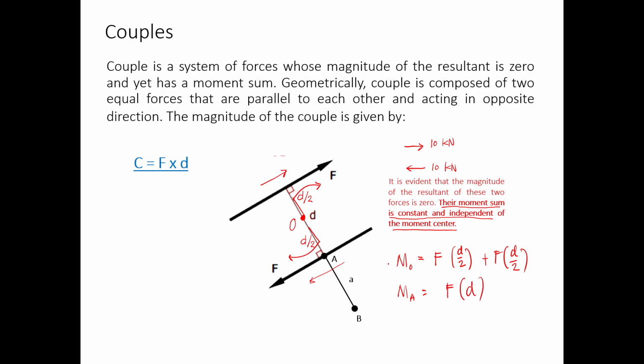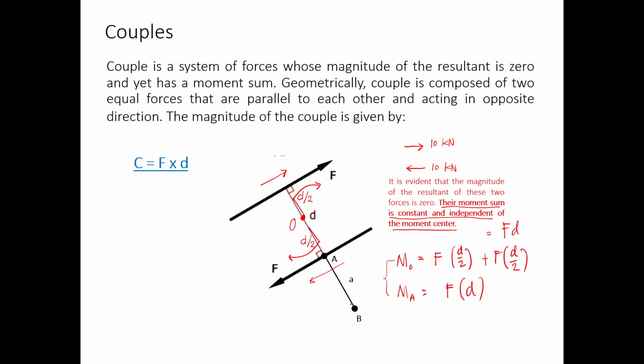Notice that the value of the moment from point O is just equal to the moment at point A. So thus the first statement is correct, that the moment sum is constant. If we add the moment about O, F times d over 2 plus F times d over 2, it will give us F times d. Same goes for moment about point A.